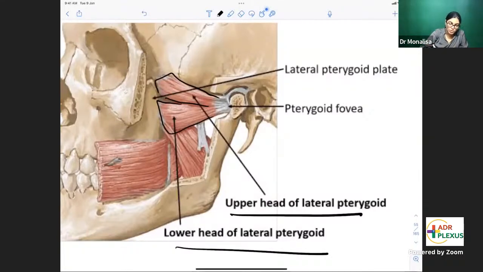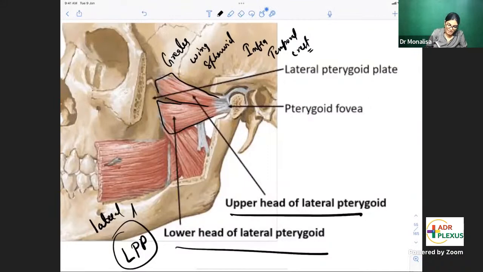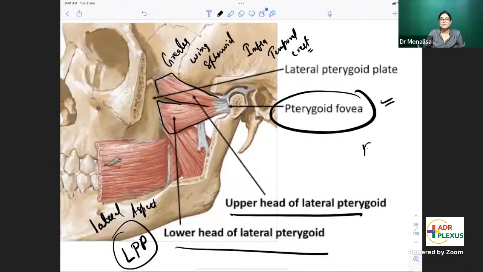Now, just now I told you the upper head is from the infratemporal crest of the greater wing of sphenoid bone, which we have already discussed. And the lower head is from the lateral pterygoid plate, the lateral aspect of the lateral pterygoid plate, inserting into the pterygoid fovea, fibrous capsule and articular disc of the TM joint.